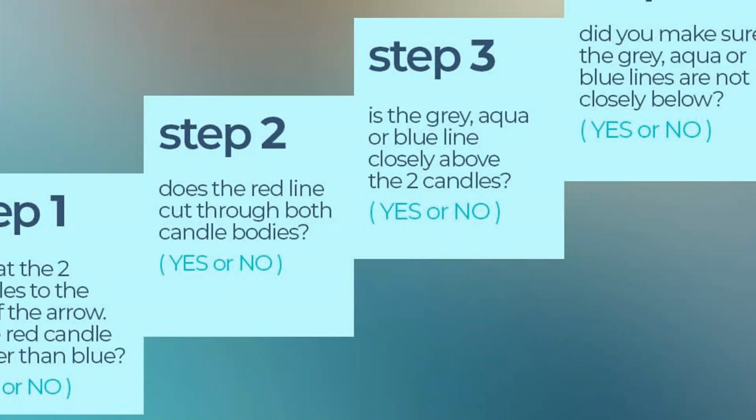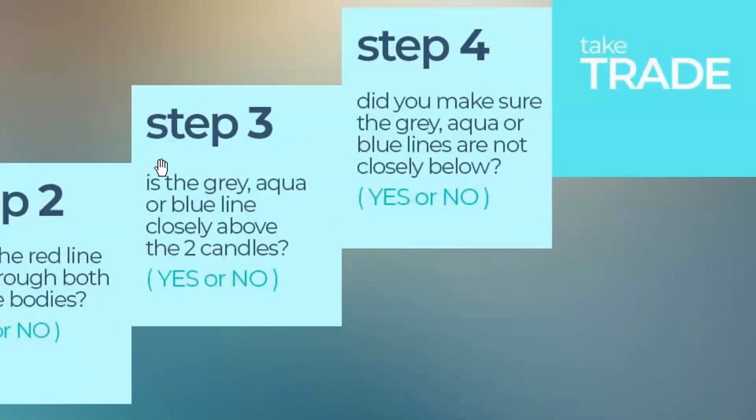Then afterwards, you need to look at how you're going to look at the trade as well. So the key things are that you need to make sure you understand what you are doing. So is the red line cutting through both candle bodies? And then you ask, are the gray, aqua, or blue lines closely above the 2 candles?